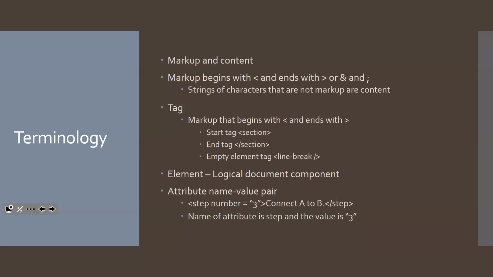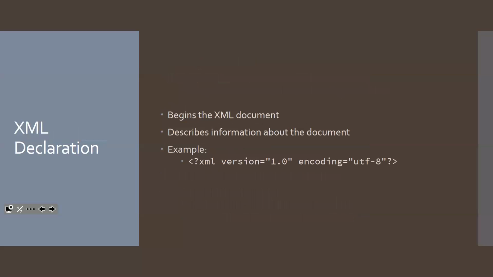Take a look at this example. Here's our beginning step, and here's our ending step tag. But notice step says it's number 3 before that closing bracket. So this basically says the name of the attribute is step, and the value is 3. We don't have any super complicated ones like that that we have to mess with too much.